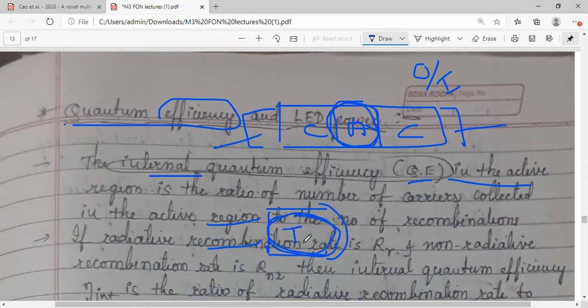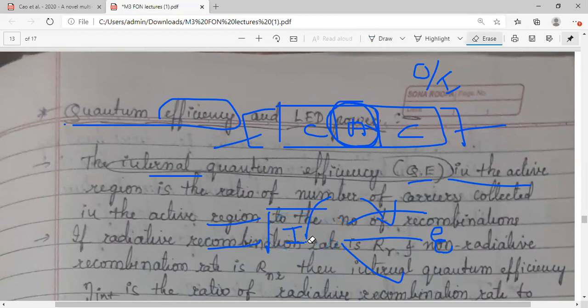This is your internal quantum efficiency. Now, talking about the external efficiency, it is how much of the power or light produced inside it is capable of giving out. That is external. Internal is a different thing: how much is generated inside. External is how much you are getting. So there are two parts, internal and external.